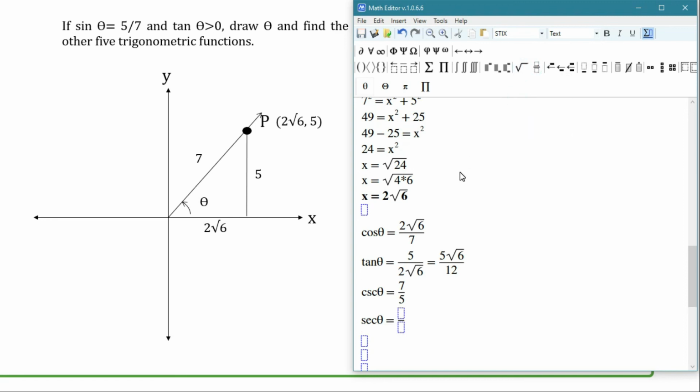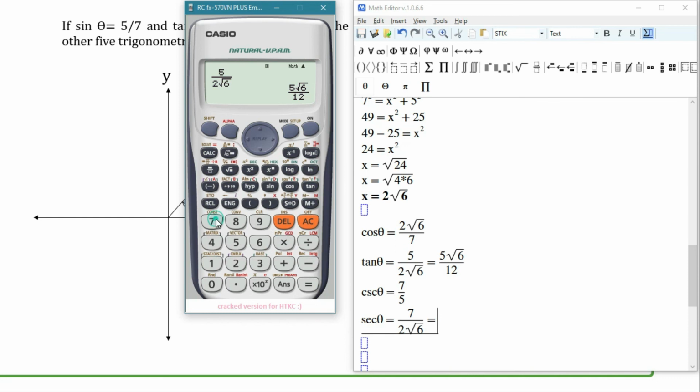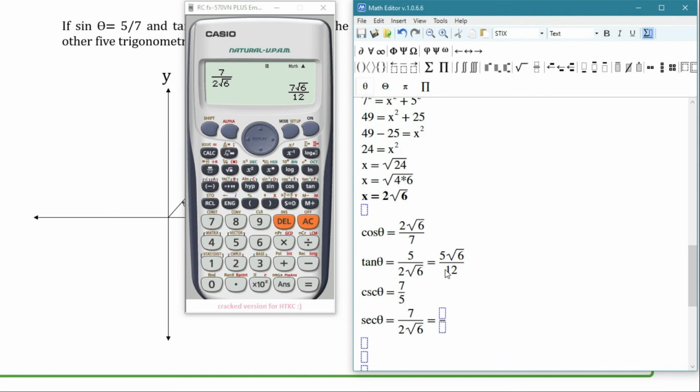So that is 7 over 2 square root of 6. But since we have a radical on the denominator, let us rationalize that one. So 7 over 2 square root of 6 is going to be 7 square root of 6 over 12.